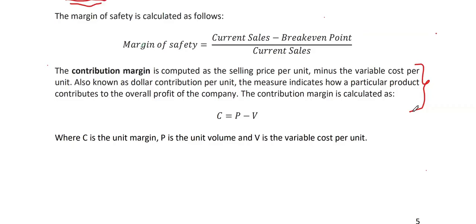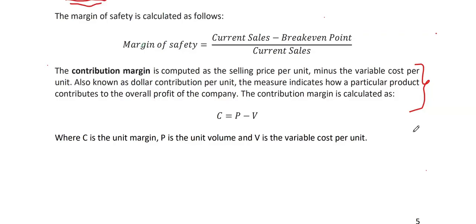Let's say those are the only 3 products that Red Stripe was selling. Red Stripe needs to know for every bottle of the traditional beer sold, how much does that contribute to profit? It also wants to know for every bottle of flavored beer sold, how much does that contribute to profit? And it wants to know for every bottle of light beer sold, how much does that contribute to profit?